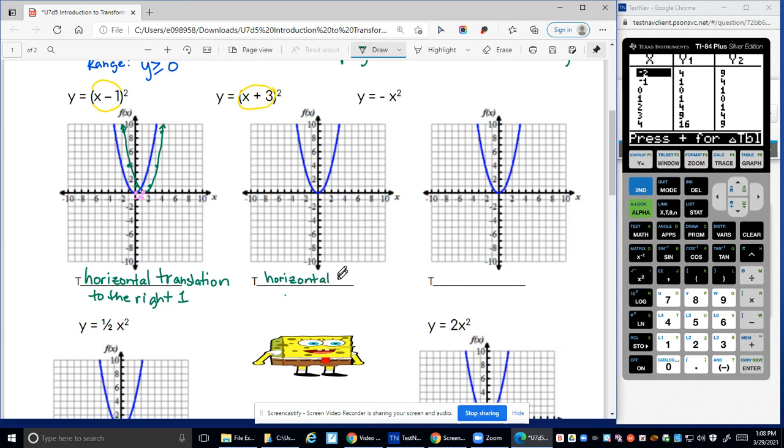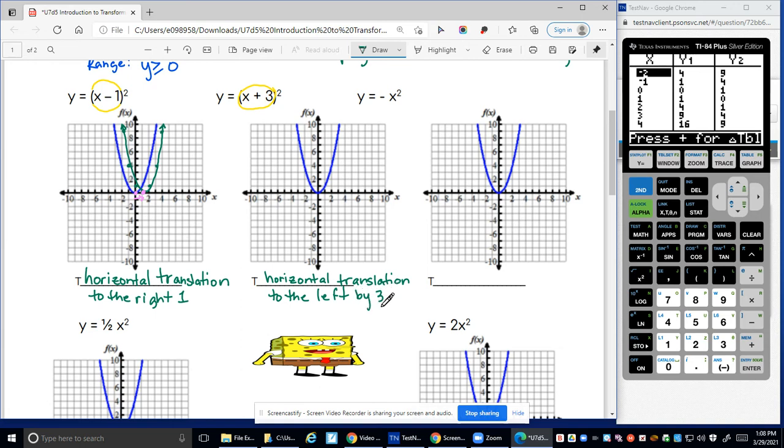Horizontal translation. Translation just means that it's sliding to the left by 3.